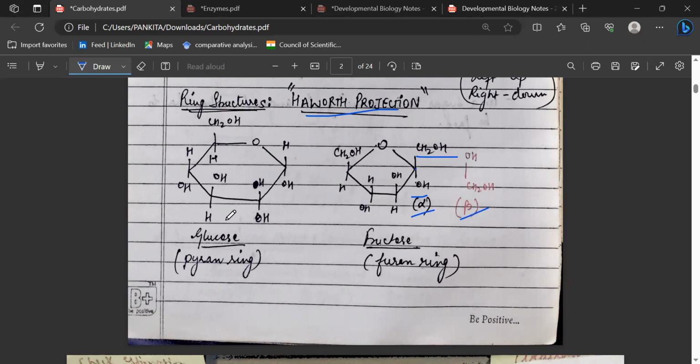When glucose is present in a ring structure, it is known as a pyran ring, and when fructose is present in a ring structure, it is called a furan ring. And this is the structure of glucose, the pyran ring, and this is the structure of fructose, the furan ring.